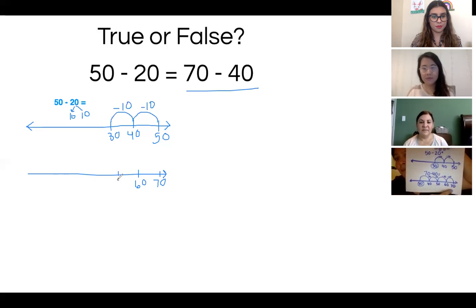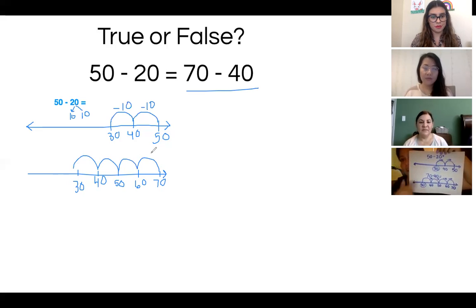And now I bunny hopped backwards by 10. 70 became 60, became 50, 40, and now 30. So I realized that the first part of the equation had a value of 30, and the second part of the equation had also a value of 30, and so the statement is true.